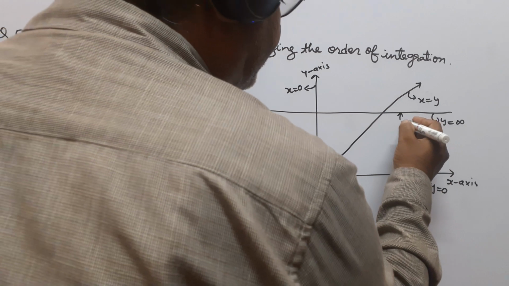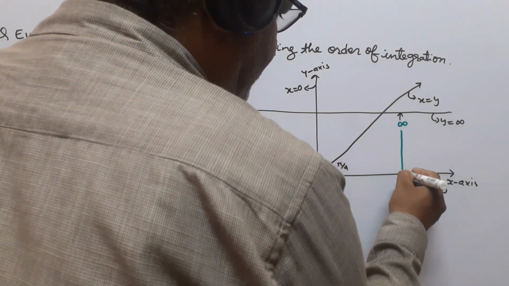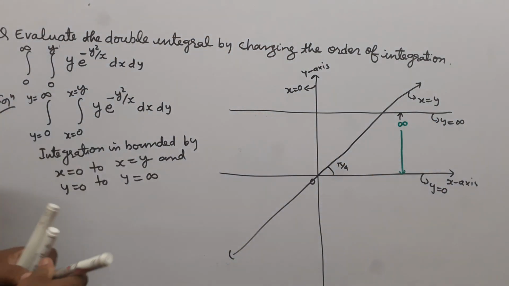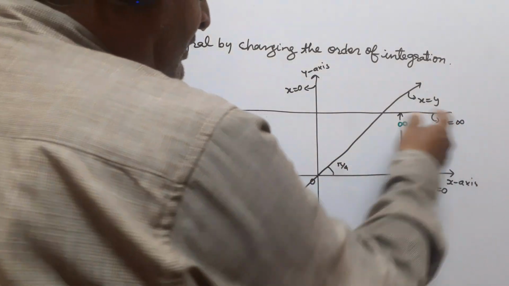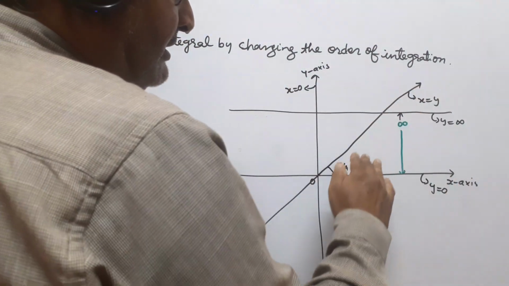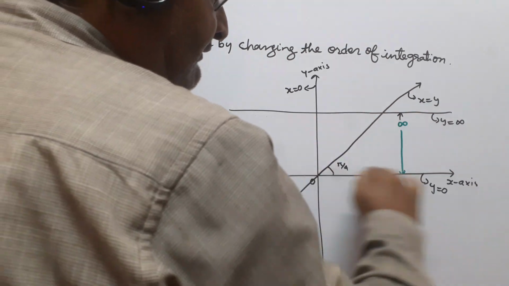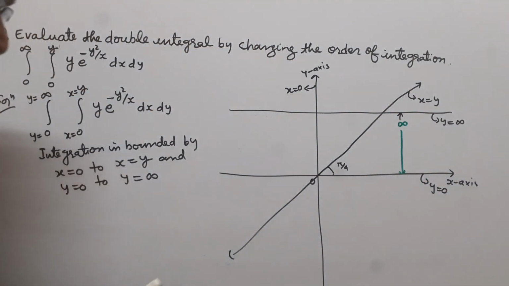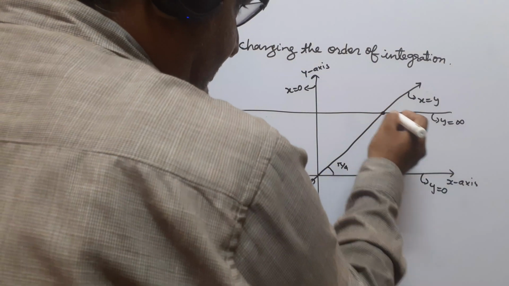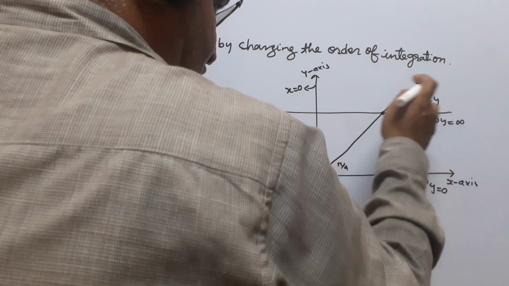Now this is the point of intersection of y equal to infinity and x equal to y.